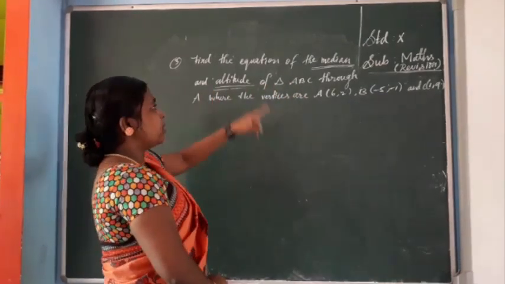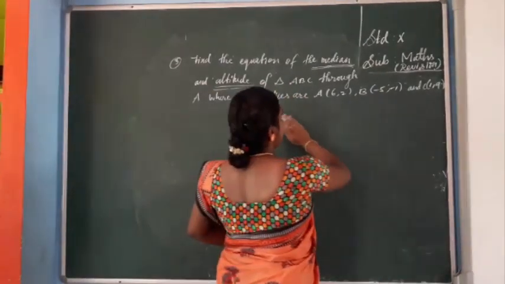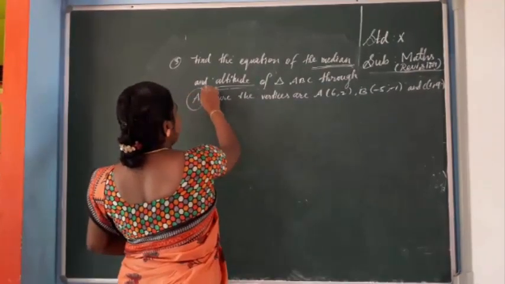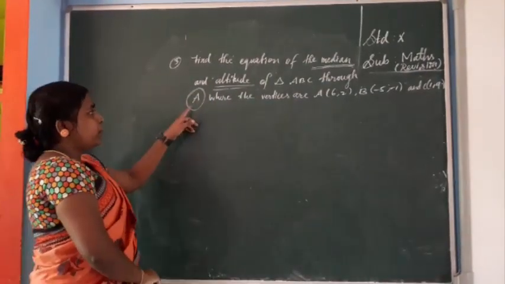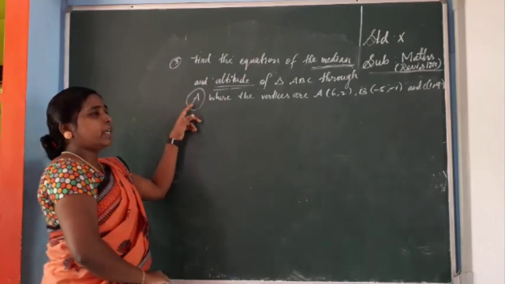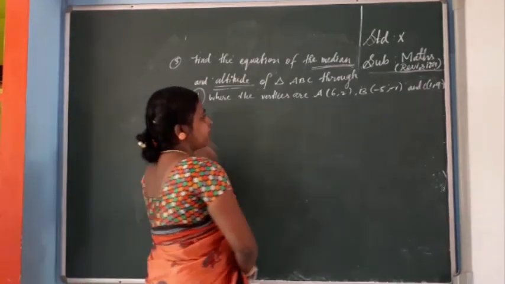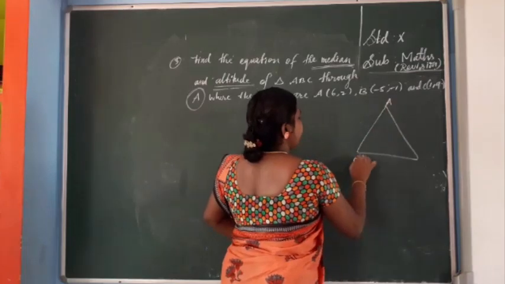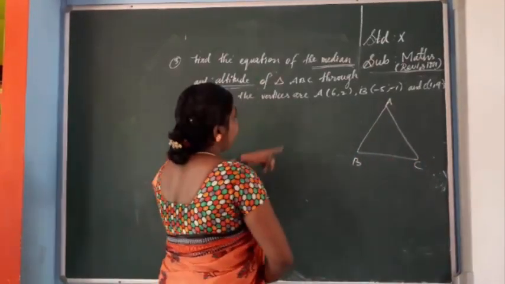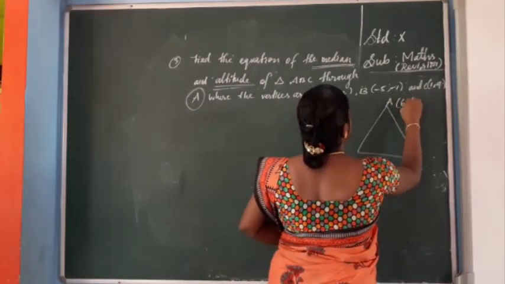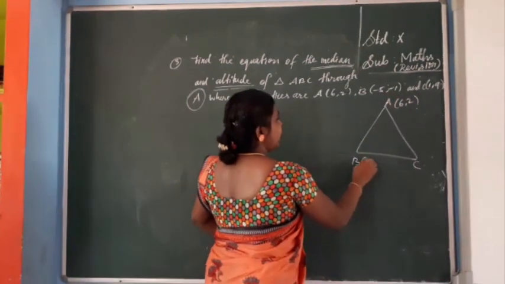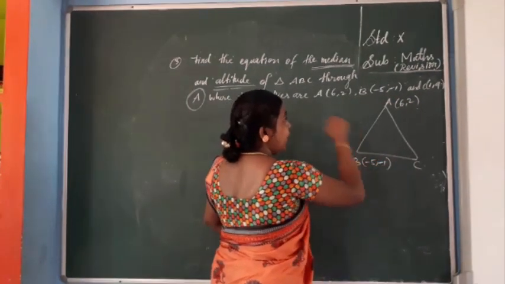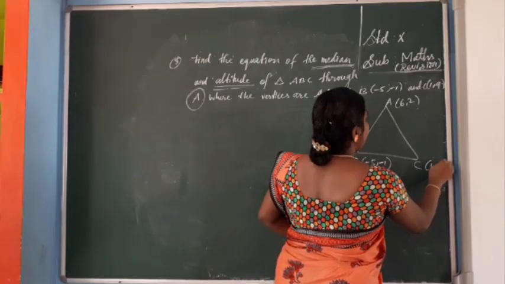So the equation of the median through the vertex A, through A, that is important. A or B, you have to see carefully. Through A, so triangle ABC, vertex A is (6, 2), vertex B is (minus 5, minus 1) and C is (1, 9).